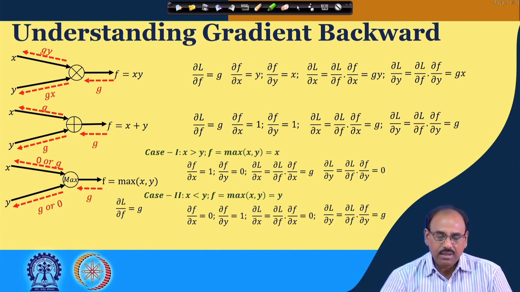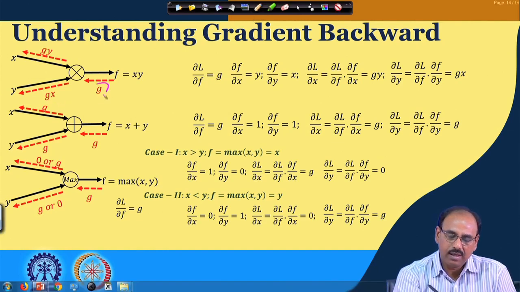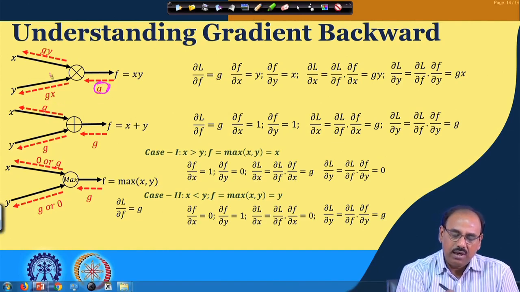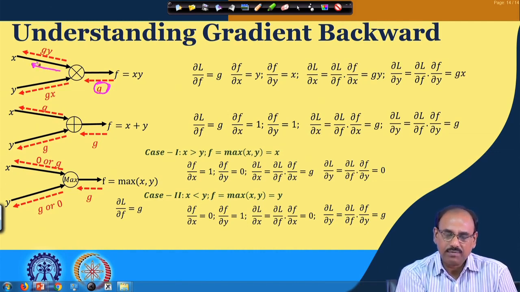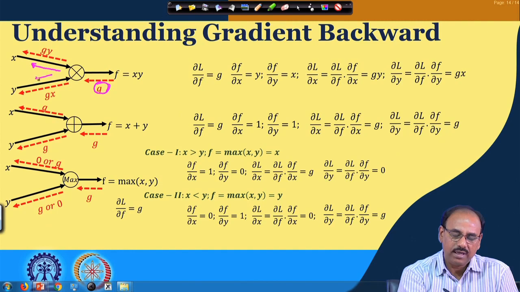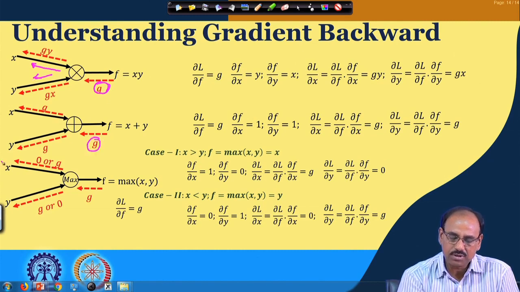So, in the backpropagation, the multiply operation, as we have seen before, if the output is the product x into y, and the gradient up to this output is g, what you pass to the side of x is actually g into y, and what you pass to the side of y is actually g into x. Similarly, if it is a summation node, then whatever is the gradient at the output side, it is simply copied to both the inputs.